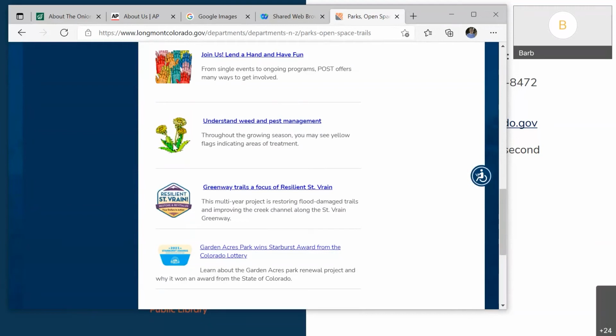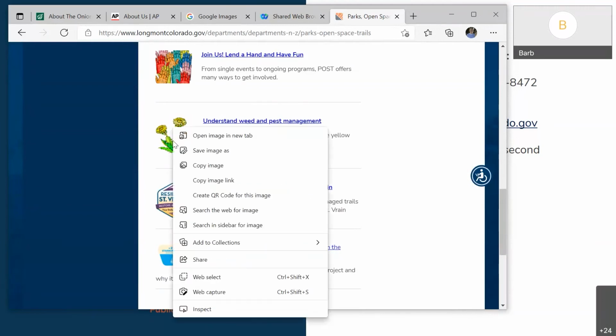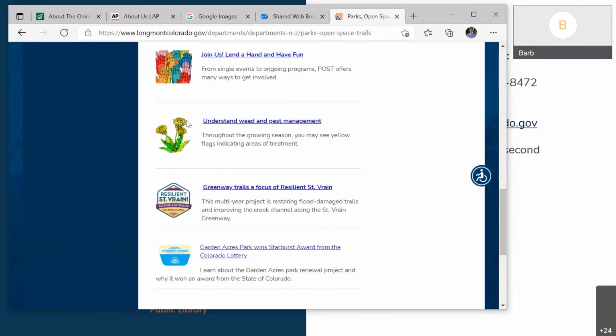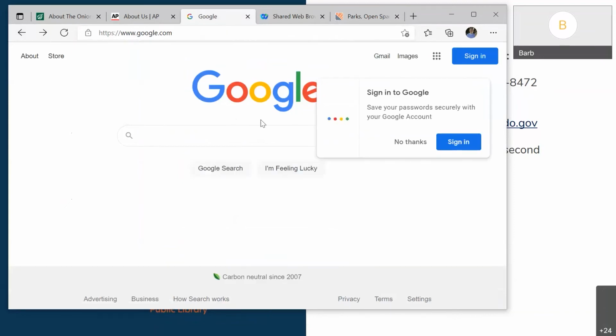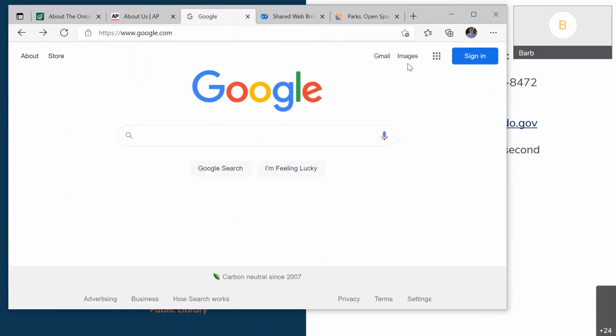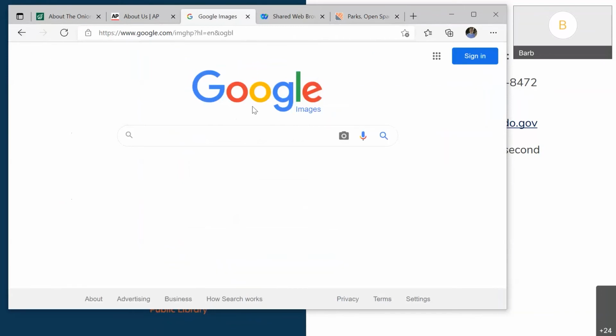So what we can do is right click on the photo and copy the image link. Everything on a website has a link that identifies what it is, basically. And if I go over here to Google Images, which to get there from this Google page, you click on Images in the right-hand corner.